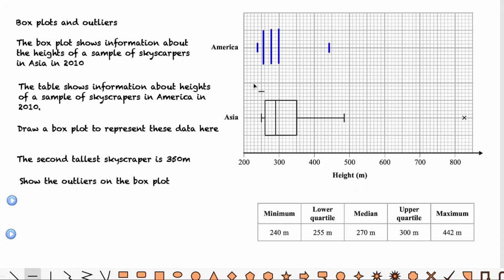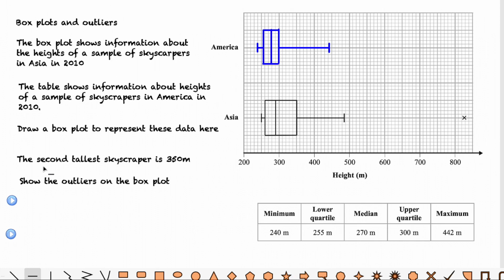I can then join these with a horizontal line to form the whiskers and the box. So there it is, my box plot for the heights of skyscrapers in America in 2010.